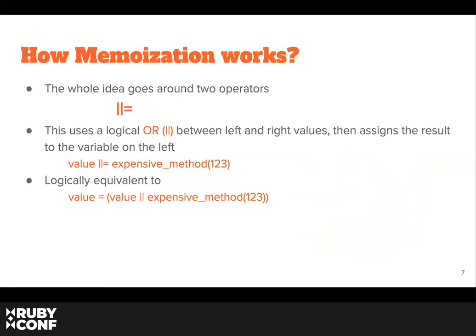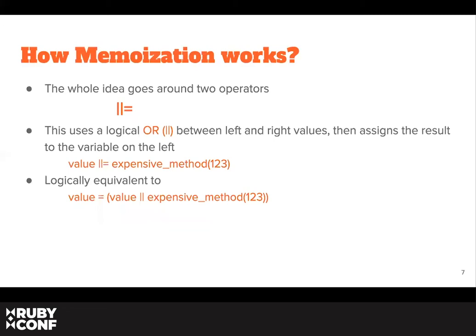So the next question is how it works. Ruby provides a very clean idiom for memoizing values with the or-equal operator. This uses a logical or between left and right values, then assigns the result to the variable on the left.